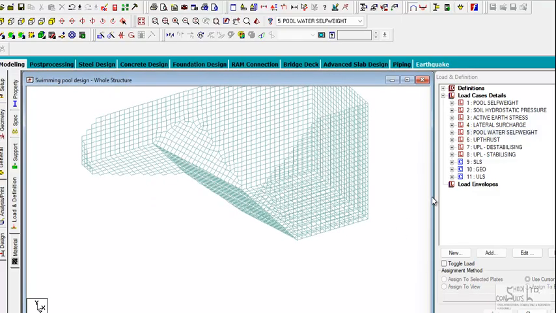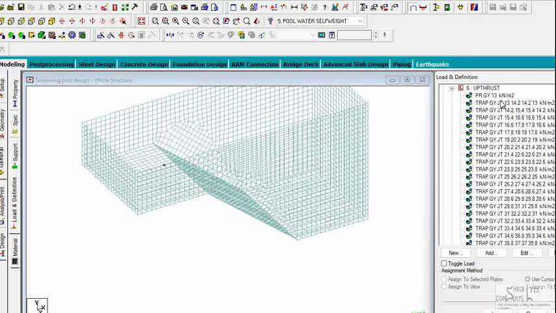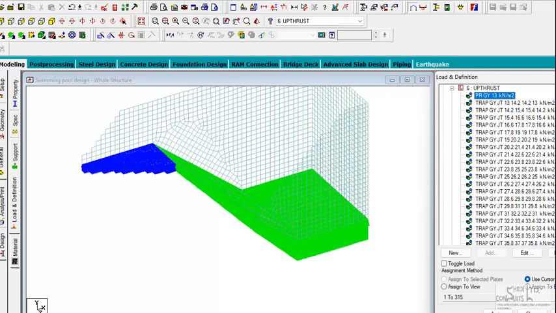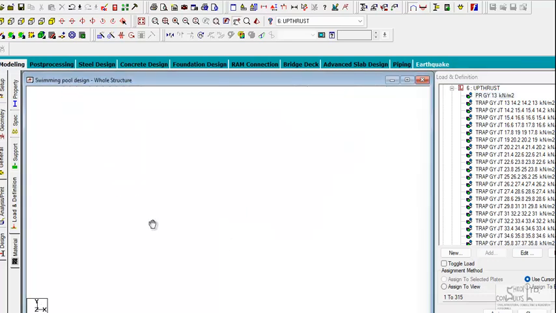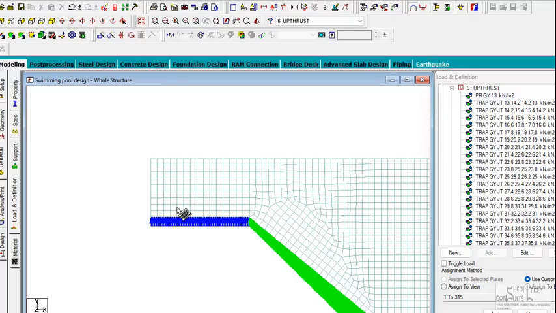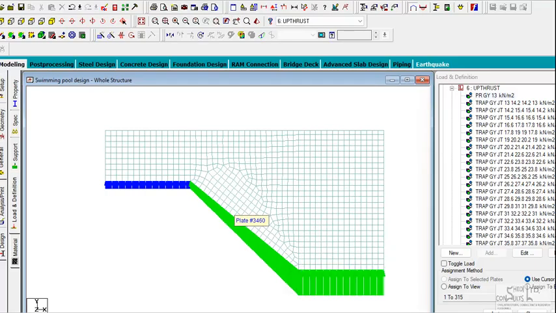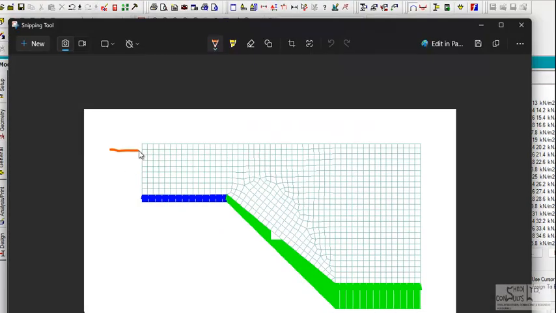The next thing we had to do was to calculate the upthrust caused by the water. So remember, the water level is high. If you recall, the water level is specified to be around that. So we determine what the upthrust is at the base of the swimming pool.